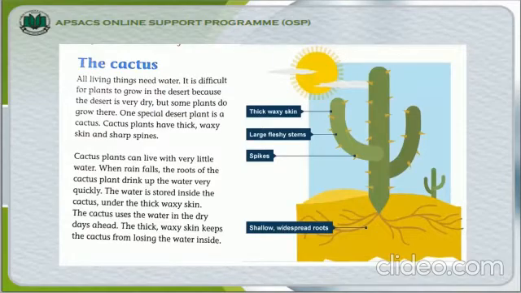Cactus plants can live with very little water. When rain falls, the roots of the cactus plant drink up the water very quickly. The water is stored inside the cactus, under the thick, waxy skin. The cactus uses the water in the dry days ahead. The thick, waxy skin keeps the cactus from losing the water inside.